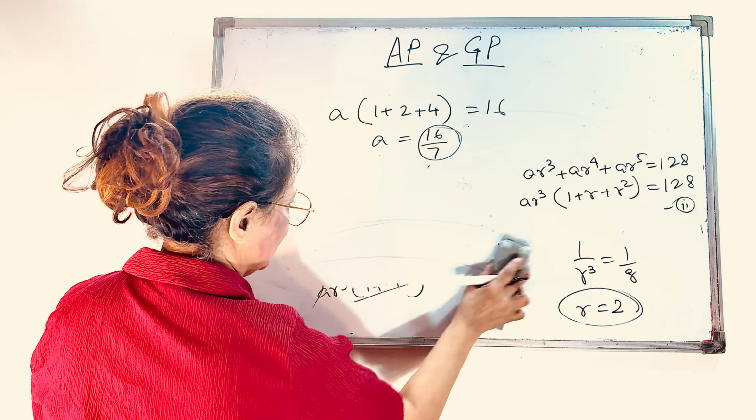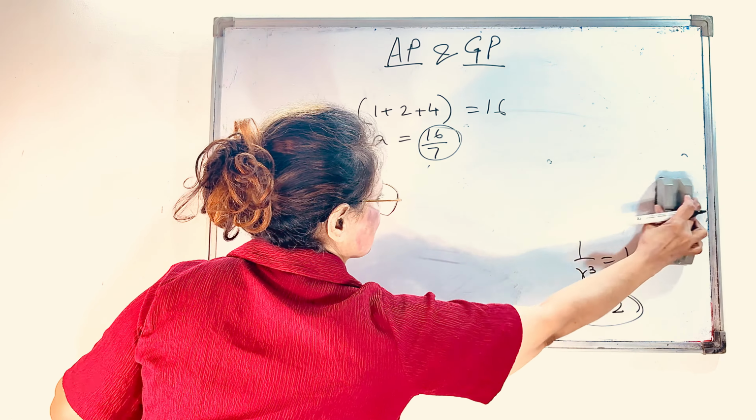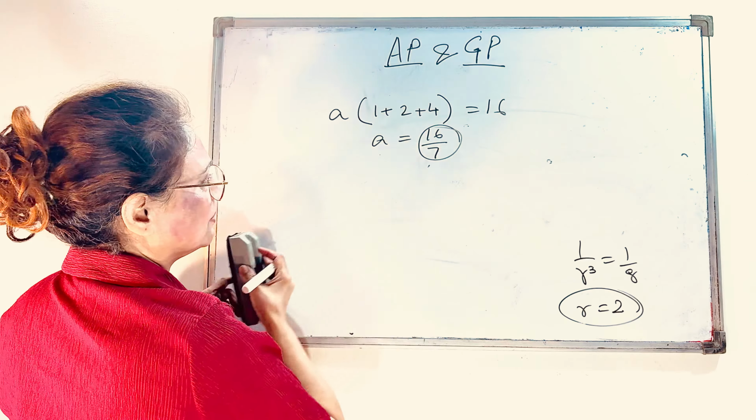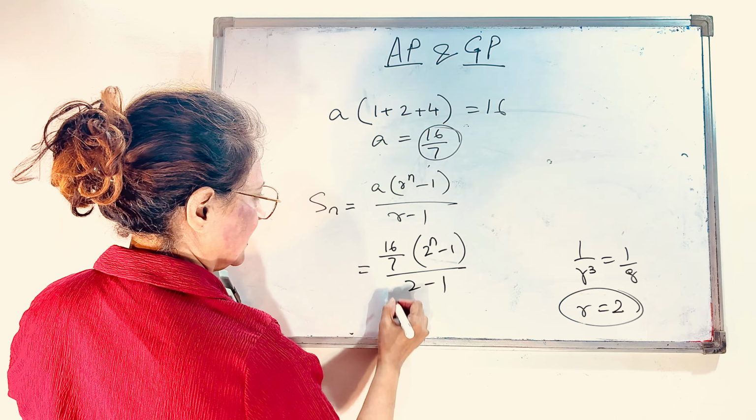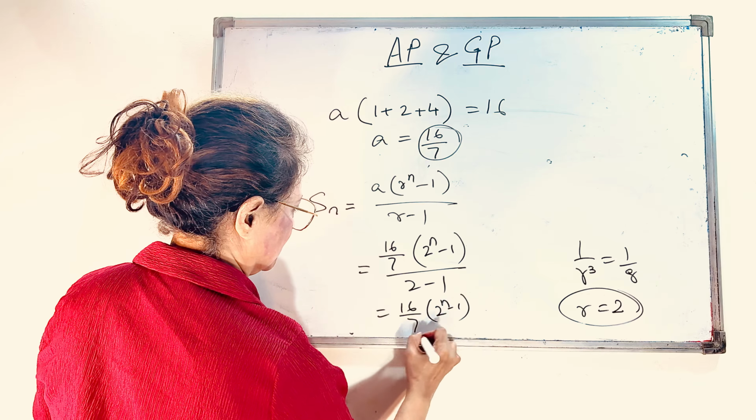So to find the sum of n terms, just apply the formula and plug in numbers. Sum of n terms, r is greater than 1, so a, r to the power n minus 1 upon r minus 1. A is 16 by 7. R is 2, 2 to the power n minus 1 upon 2 minus 1, which is 1. Hence the answer is 16 by 7 into 2 to the power n minus 1.